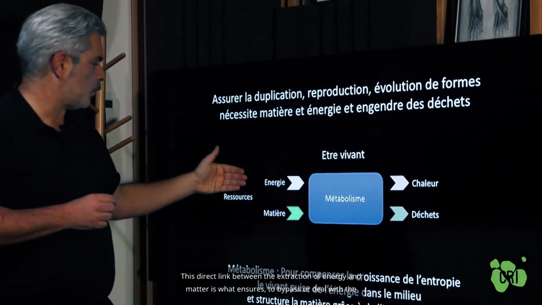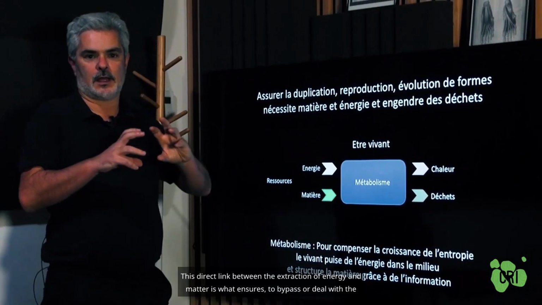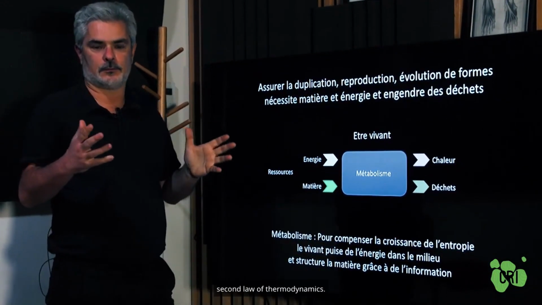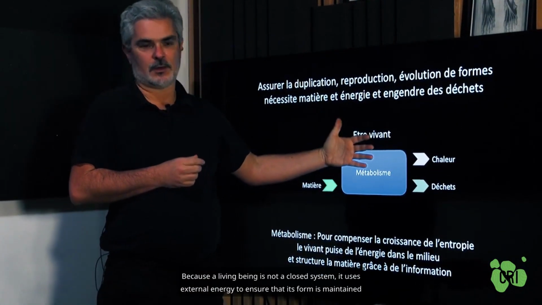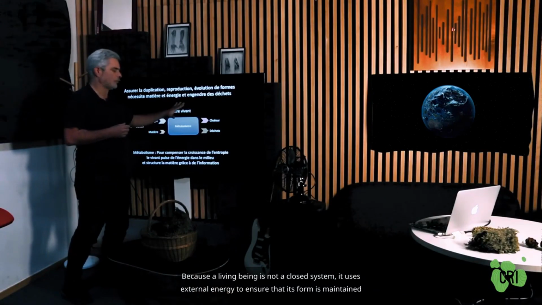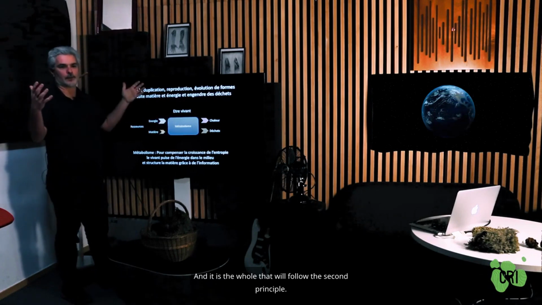This direct link between the extraction of energy and matter is what ensures to bypass or deal with the second law of thermodynamics. Because a living being is not a closed system, it uses external energy to ensure that its form is maintained. And it is the whole that will follow the second principle.